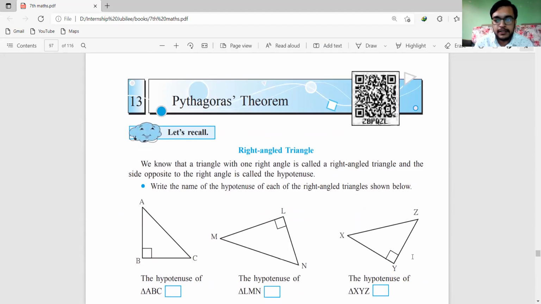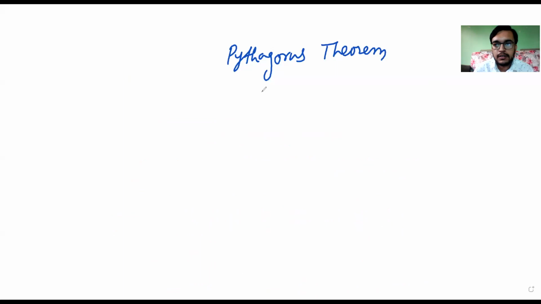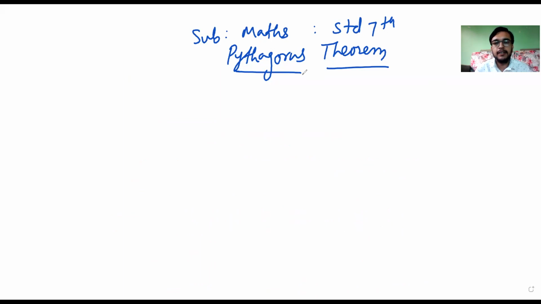Unit number 13. Subject maths. Standard 7th. Okay. So before starting this unit Pythagoras theorem, we will revise some basic concepts.